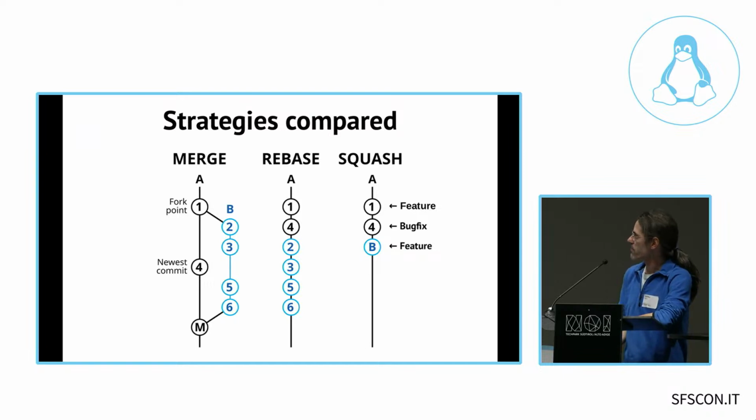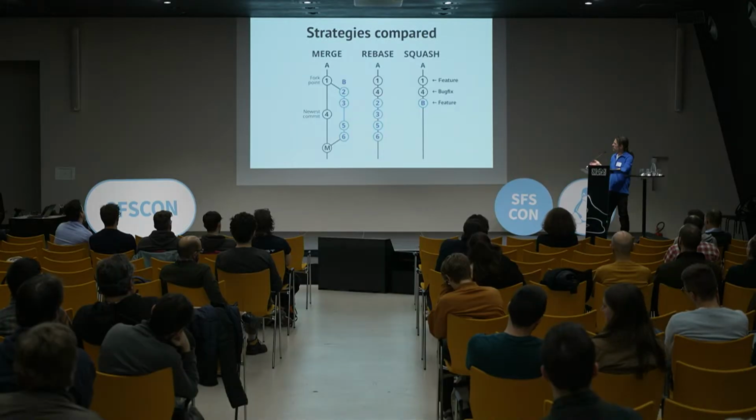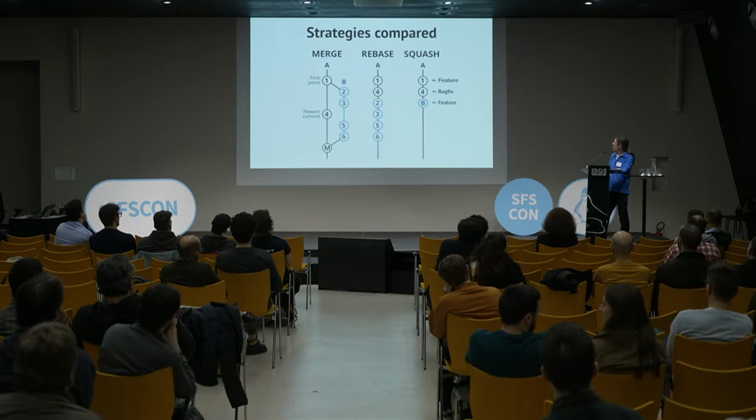With rebase, we fake the history so that at the moment of the rebase, we move all the commits to the tail of the main branch, so it looks more linear. And when we do squash, we combine all of them and just get a single commit with the final feature. So depending on what you do, one or the other might make more sense.